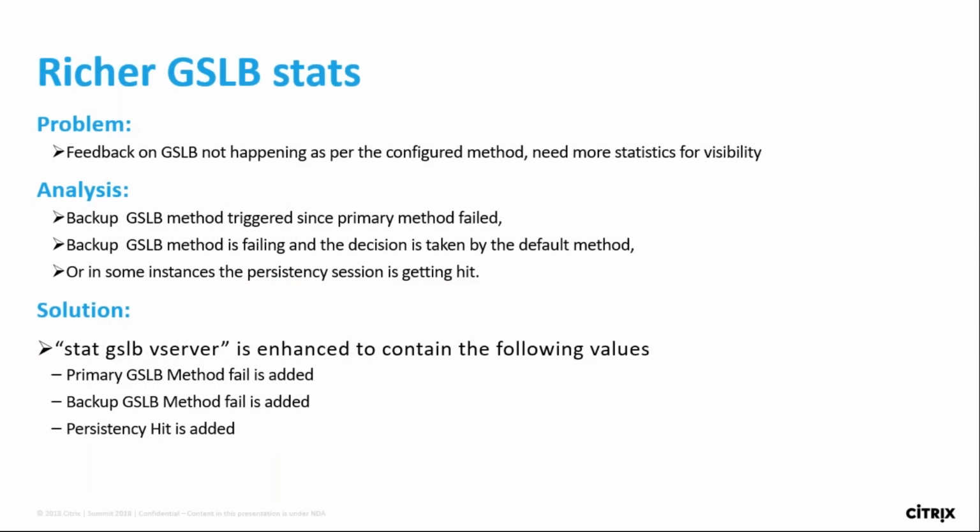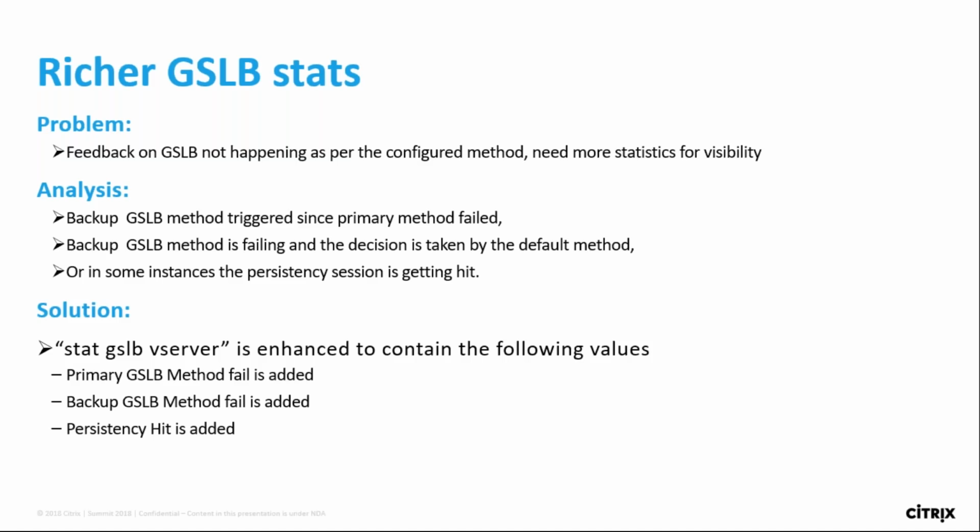We have got a couple of feedbacks on the GSLB stats. Also, we got some feedback saying that GSLB is not happening as per the configured method. After doing our analysis, we figured out that when the primary method has failed, the backup GSLB method has come into the picture.